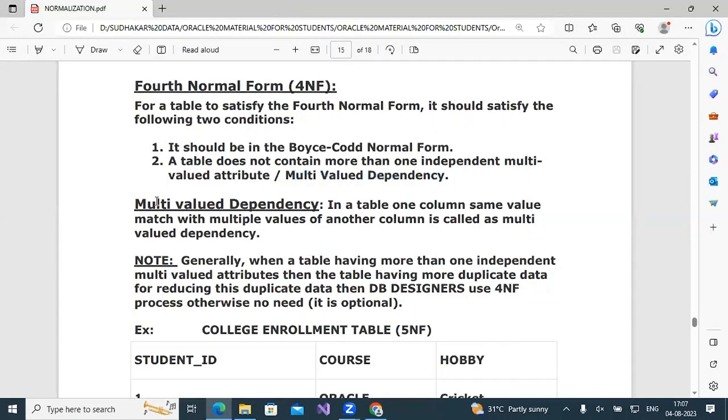Multi-valued dependency means, in a table, one column's same value maps with multiple values of another column.